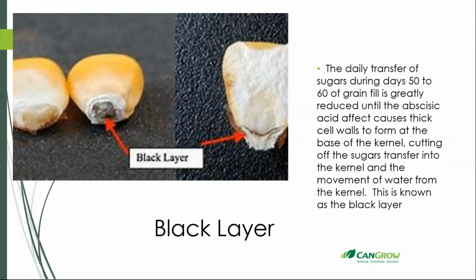So, as you mentioned, they're harvesting before that. They're harvesting it maybe a week to 10 days before black layer. And this all makes sense. Okay, and it's because of cutting off the sugar transfer into the kernel and the movement of water from the kernel. This is known as black layer.